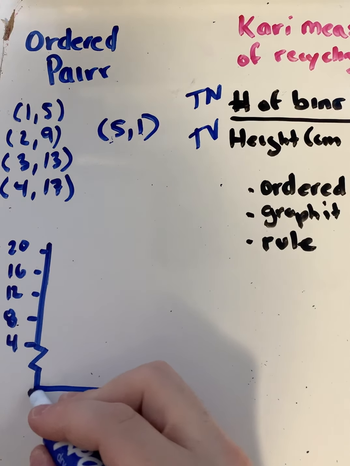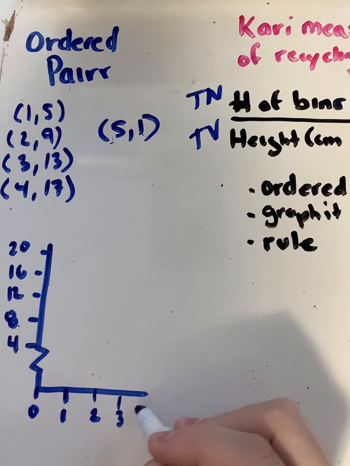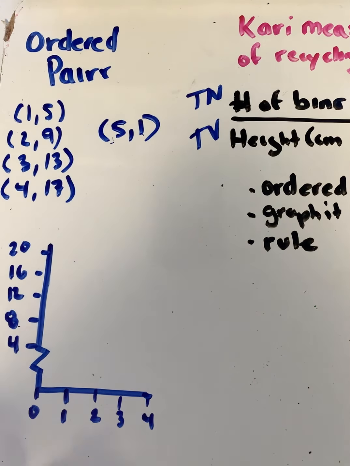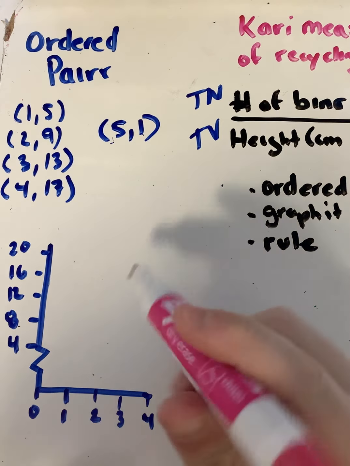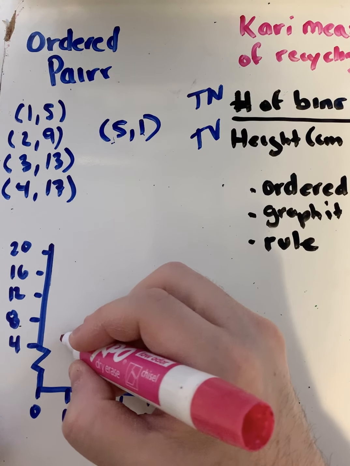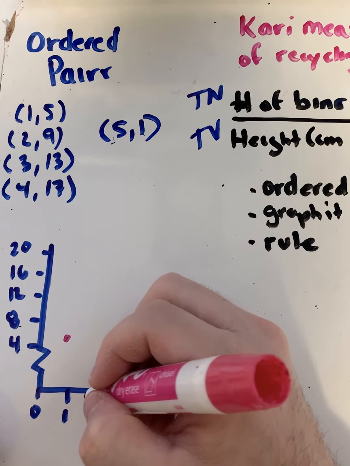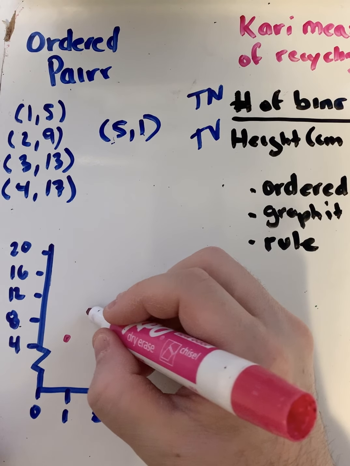And then at the bottom, you're going to have 0, 1, 2, 3. I'm sorry, guys. I wish I had chart paper or graph paper. So 1, 5 will be just above this area. Maybe I should have gone up by 2s now that I'm looking at it. 2, 9 is just above the 8.